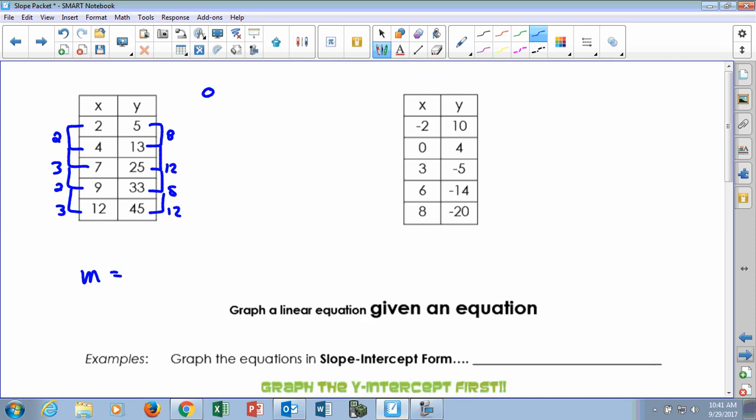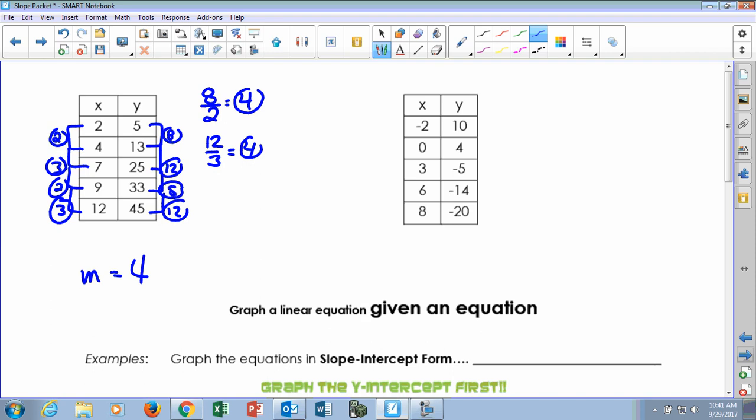So 8 over 2, this is the first set, change is what? 4. It's also down here, so we don't have to do that again, right? We've already done the work. And then 12 over 3 is what? 4. So we see the common number here, right? That's our slope. The change in y over the change in x.